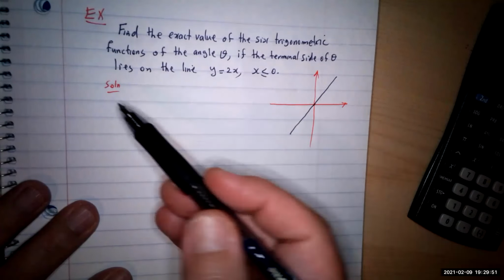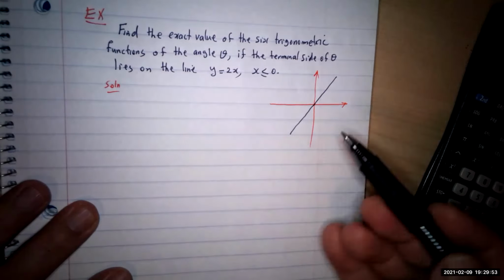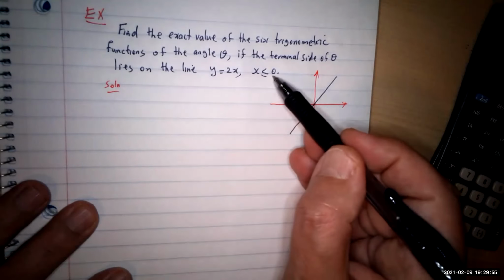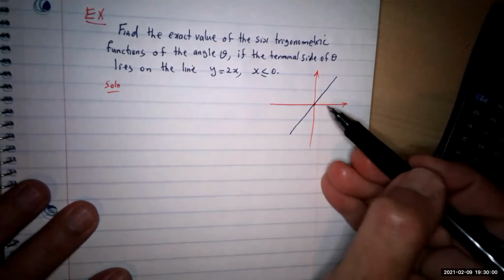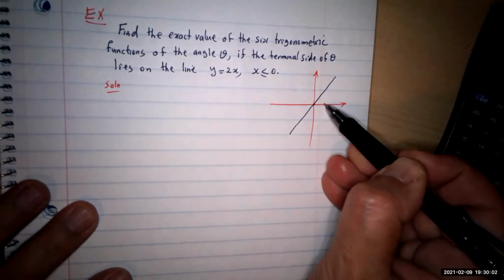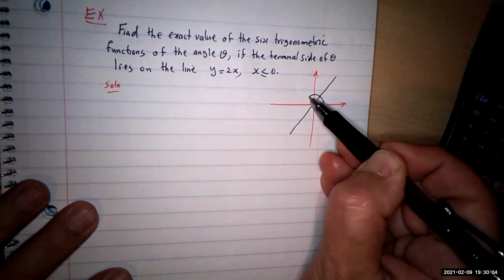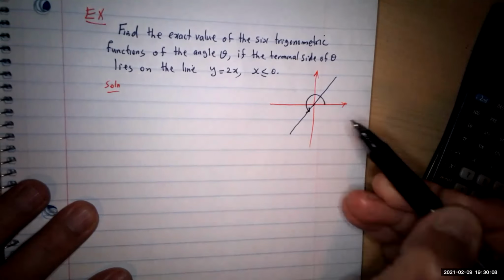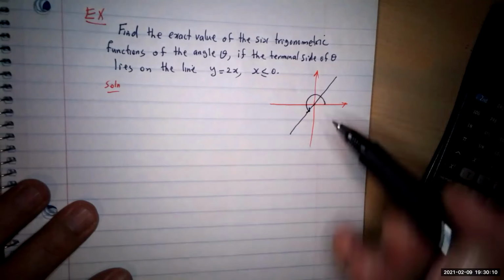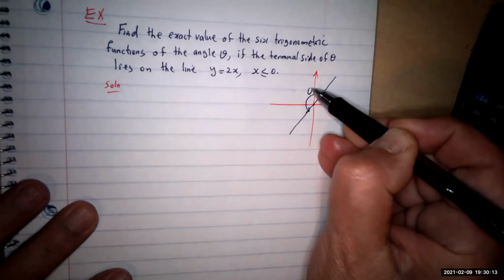We know that the terminal side of our angle is going to be on this line, but when x is negative. So you start from here, and you continue to get to this line over here. That's the case that you have. So this is going to be your angle theta.